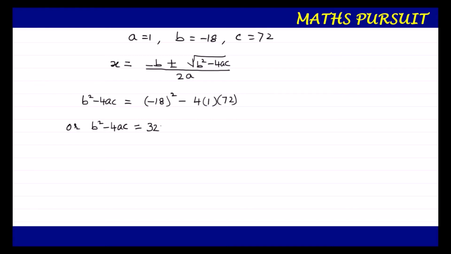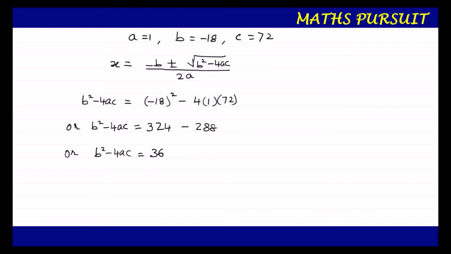Then 4 × 1 × 72, 4 sevens are 28, that means 288. So b² - 4ac = 324 - 288, which is equal to 36. So guys, we got the value of b² - 4ac as 36.